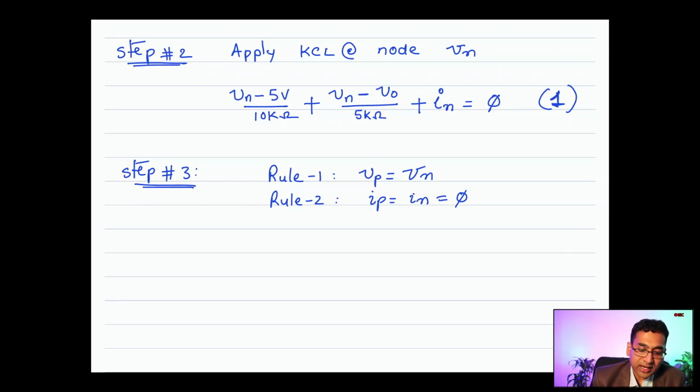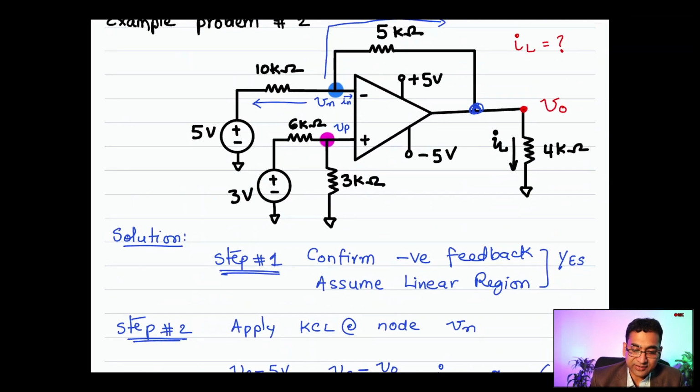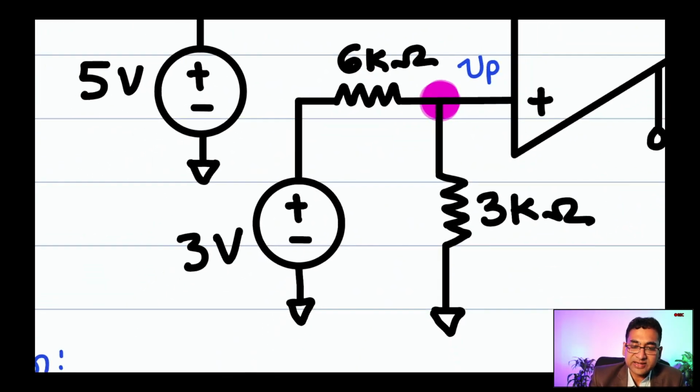So, in order to find Vp, let us analyze this circuit. That is Vp, and there is no current going in, Ip is 0, right, that is the rule of an ideal operational amplifier operating in ideal op-amp condition.